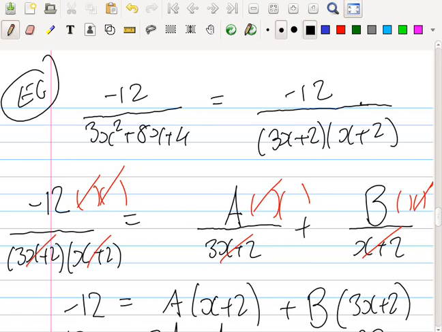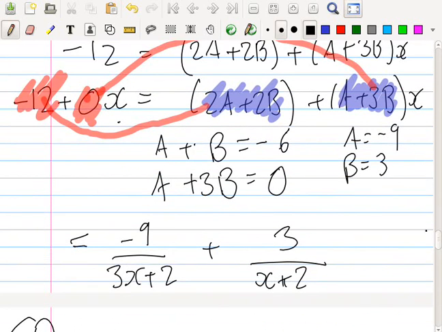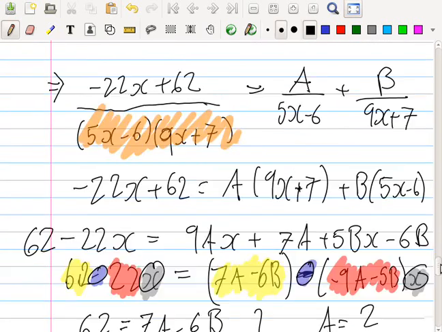Look up, look up, look up. x has to be minus 2. That will cancel this. What's 3 times minus 2? Minus 6. Plus 2? Minus 4. So you have minus 4b equals minus 12. So what would b equal? Yes? So you see, it's a lot quicker to do.